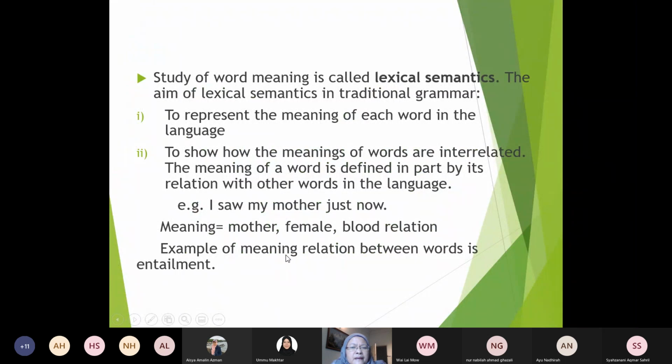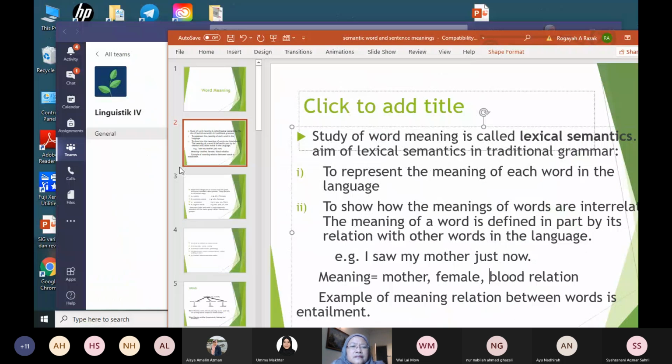And then also, these are all the senses of the word. I have to add again. The other one is offspring. Offspring is child.